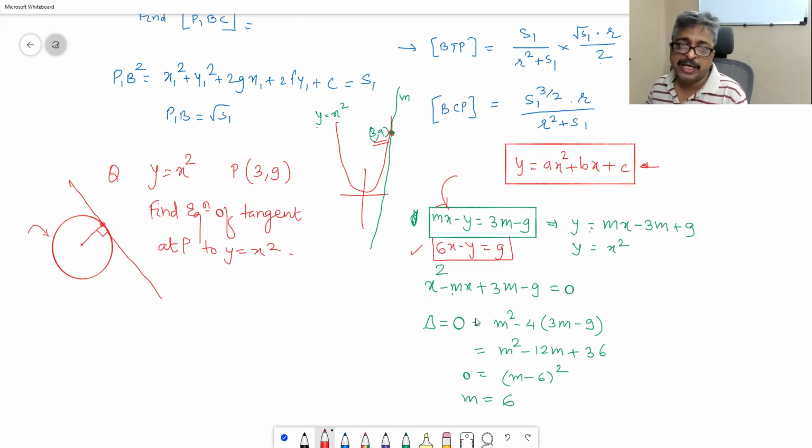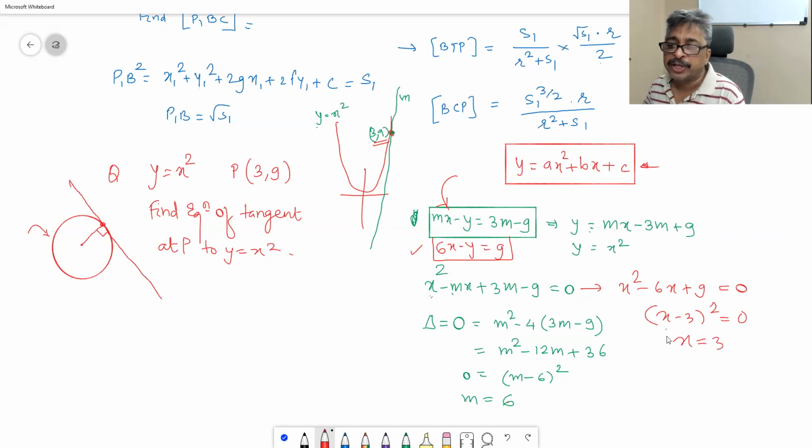For m is equal to 6, you will get both the values of x. If you put 6 over here, you will get value of x is equal to 3. Let us check. X square minus 6x plus 9 is equal to 0. So x minus 3 bracket square is equal to 0.